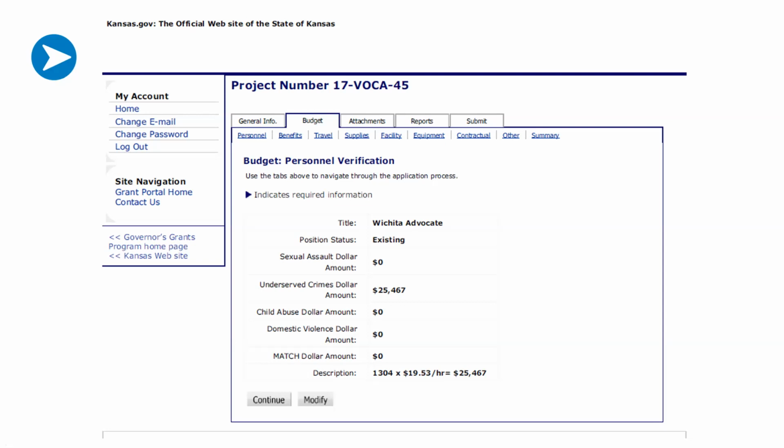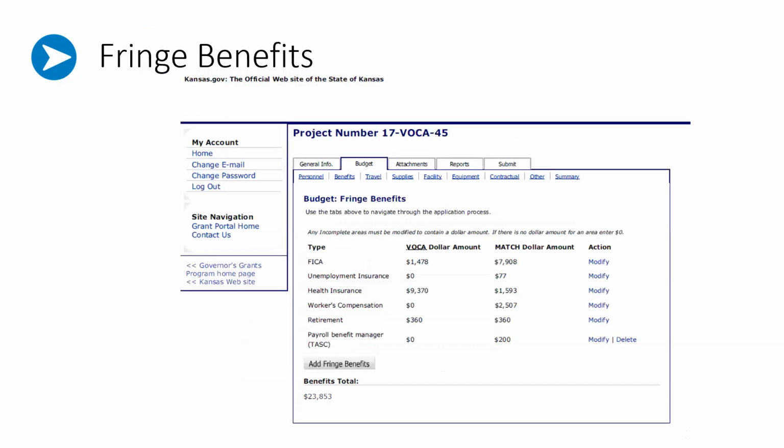Fringe benefits, and this is a good example of fringe benefits because it includes lots of things. There's the FICA insurance that everybody was paid, unemployment insurance, health insurance, workers' compensation, retirement, and then in some instances, payroll benefit manager. So these are all things that are considered part of the benefits package.